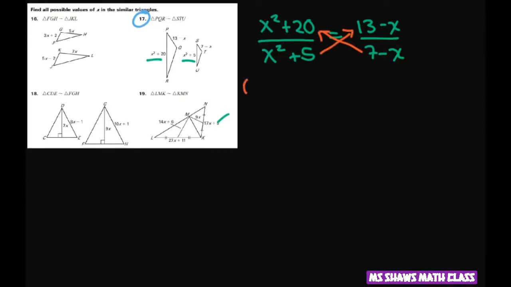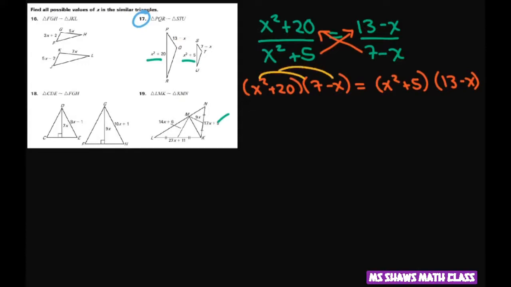So we're going to get x squared plus 20 times 7 minus x equals x squared plus 5 times 13 minus x. Now we're going to distribute like that, using the FOIL method.